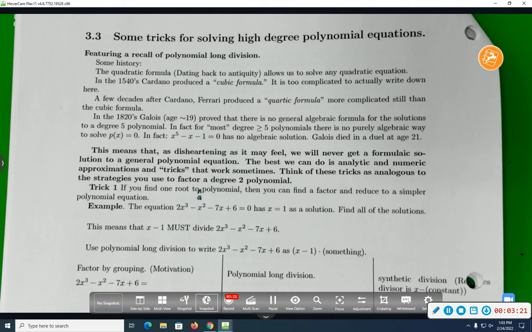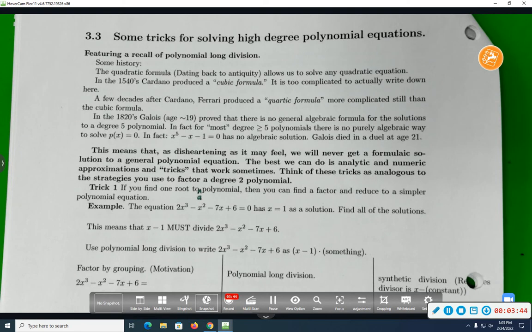In the 1820s, Galois, a French mathematician in his 20s, no, not even 20s, he was 19, proved that there is no general algebraic formula that solves a degree 5 or higher polynomial equation. So you can't write down the solution to a degree 5 polynomial using any combination of plus, minus, multiply, divide, or any roots.